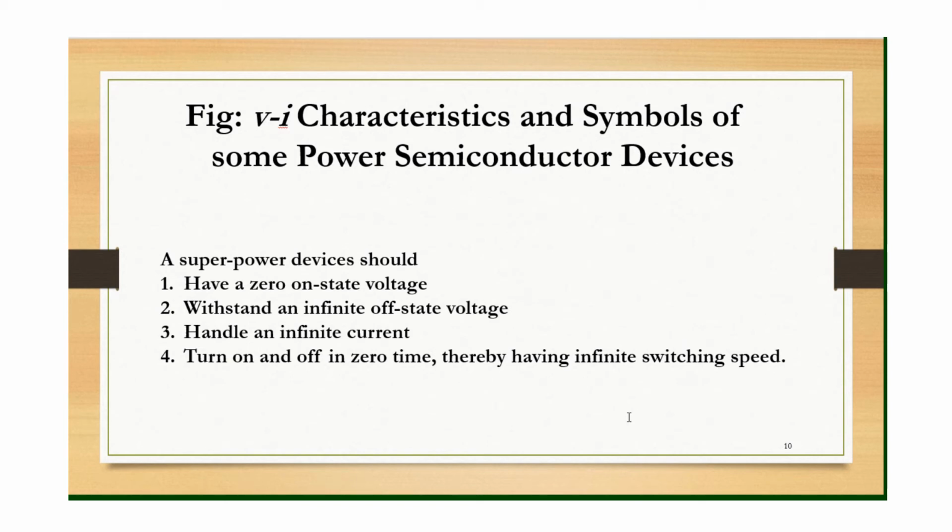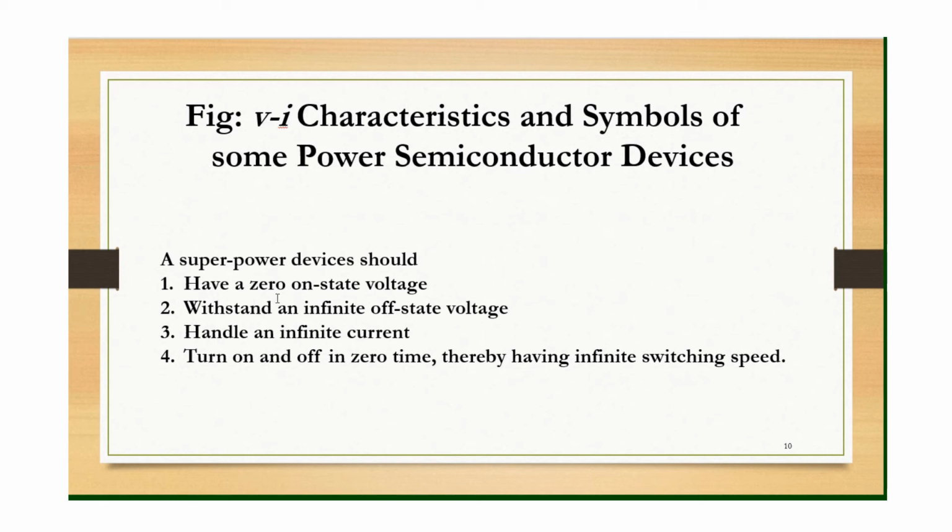As we had discussed in the previous session, the advancement of all these power semiconductor devices is mainly to achieve the characteristics of a super device. Super device in the sense, these are the typical characteristics a super device should have.